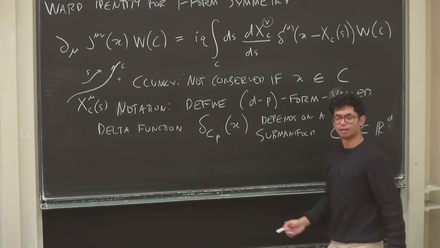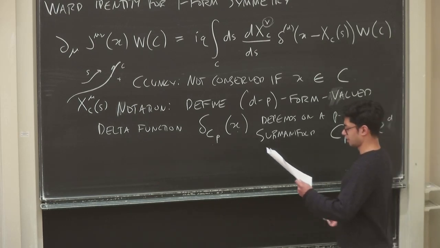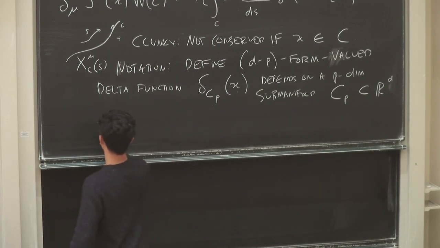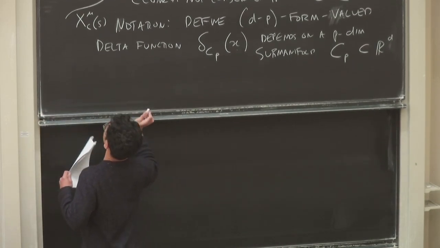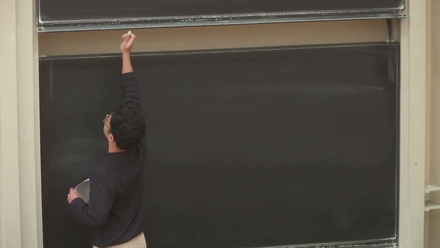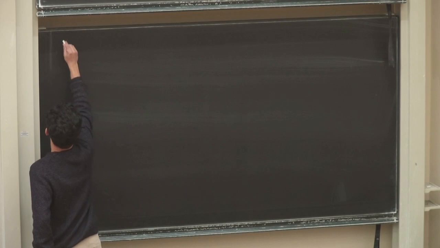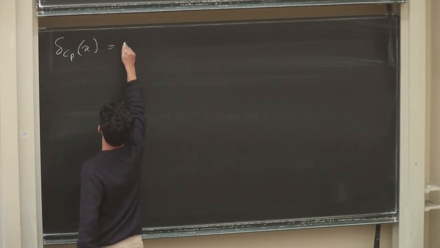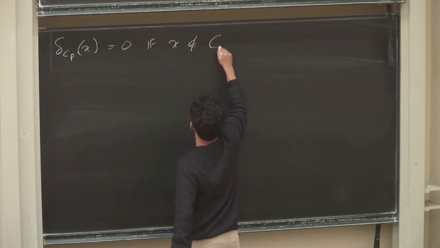All right? But let me just write down the formulas that it satisfies. Delta sub C sub p of x equals 0 if x is not on C_p.